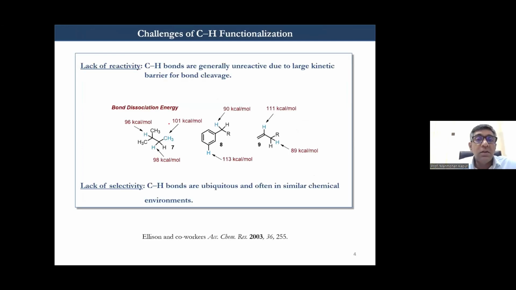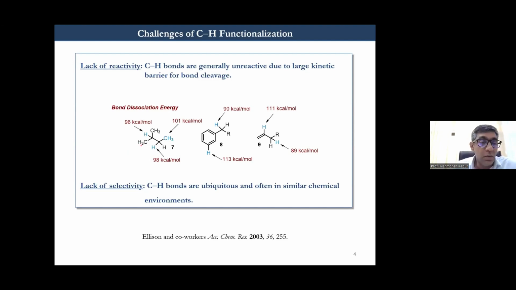So why is this so important, and what are the challenges associated with C-H functionalization? Generally, the C-H bonds are quite unreactive due to a large kinetic barrier for bond cleavage. You can see here the bond dissociation energies are decently high and are one of the highest when it comes to a hydrocarbon. And this stems essentially from the fact that carbon and hydrogen have very similar electronegativities.